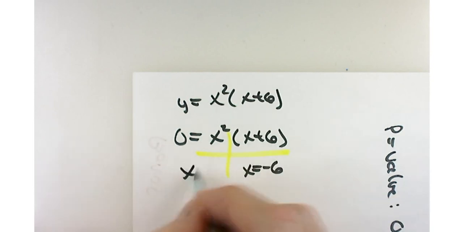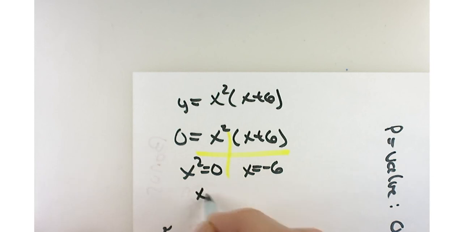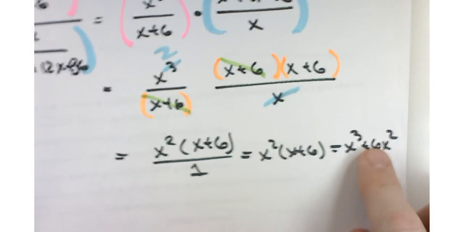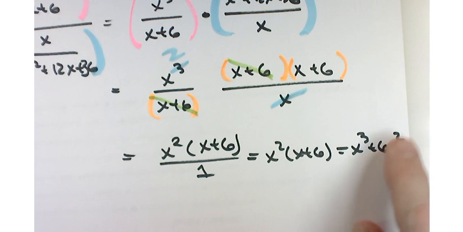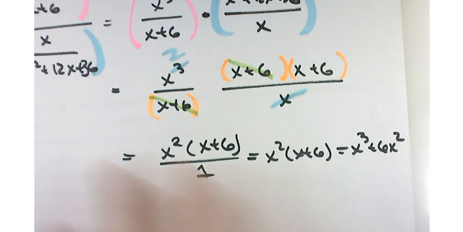And the other one is where x squared equals 0, but that's at 0. So just by looking at it algebraically, you can tell where this crosses the x-axis. So it's not a bad idea to have them factored. I like it that way. But for the purposes of this problem, it's fine either way. Yeah, good question.